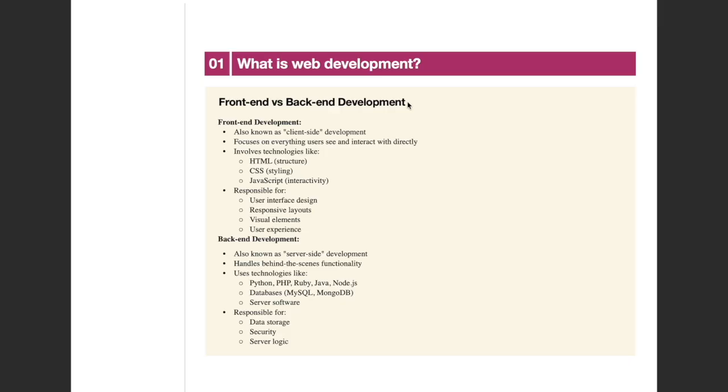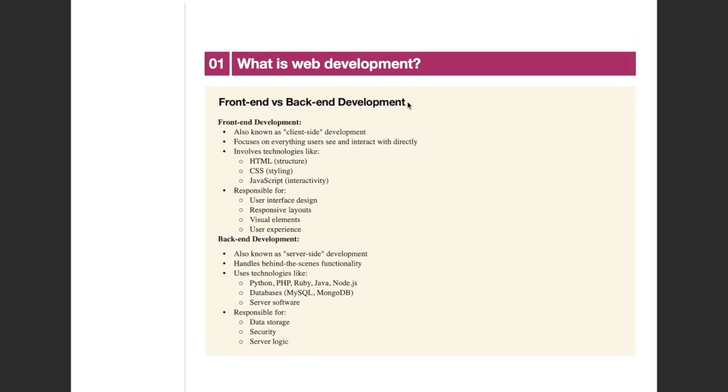When you click a button, see a responsive layout, or look at a cool visual element, that's front end. This is built using HTML, which is for structure, CSS for styling, and JavaScript for interactivity. It is also known as client-side development, since it is what the client sees, what users see on their end.